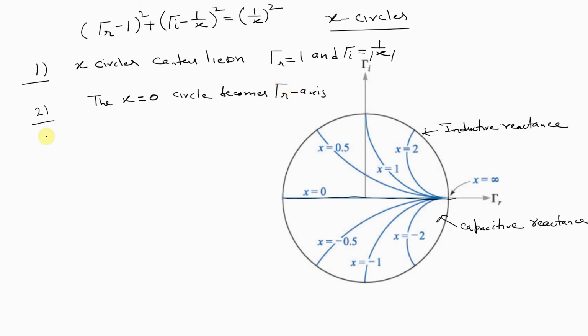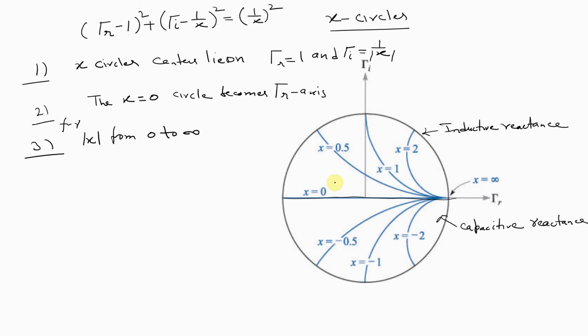Now the third one is, the x circles become progressively smaller. Here again is the same property which we have seen in R circles. As x varies from 0 to infinity, because x may be negative or positive, the x circles become progressively smaller.